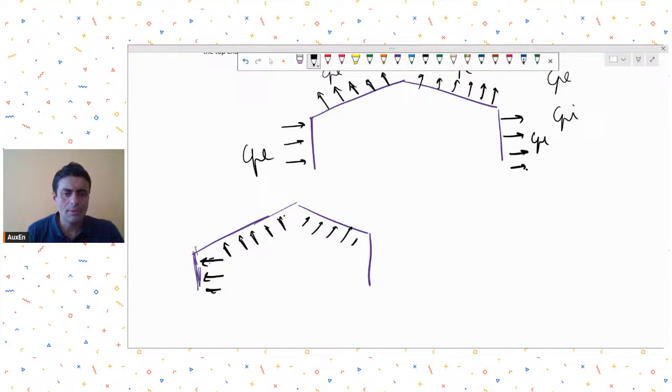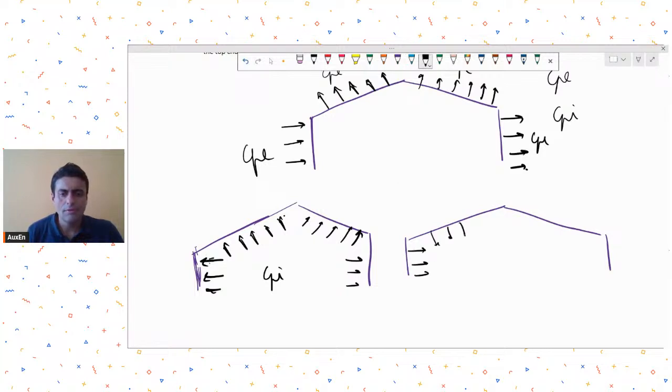So one direction will be like this for CPI. And the other possibility of CPI will be everything away, so away from the wall also, away from the roof also.